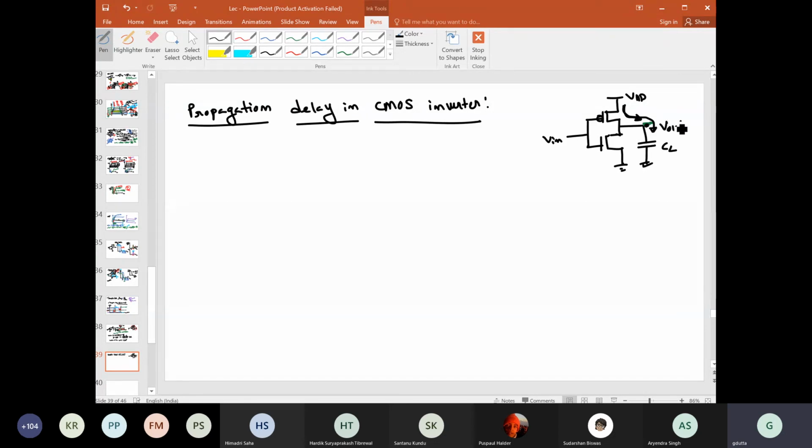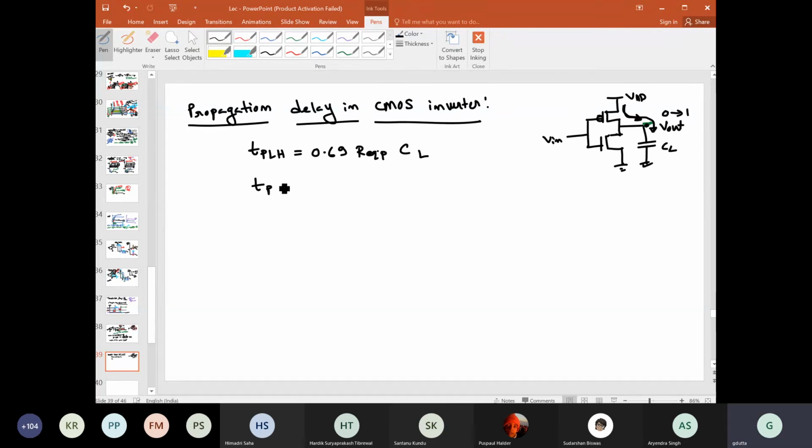In that case, the voltage is changing from low to high. So we can write TPLH equal to 0.69 R equivalent of P into this load capacitance CL, right?